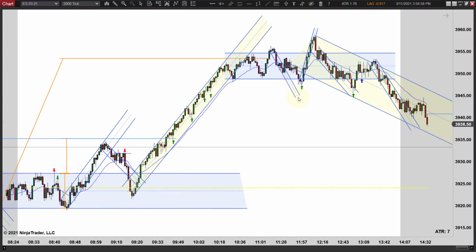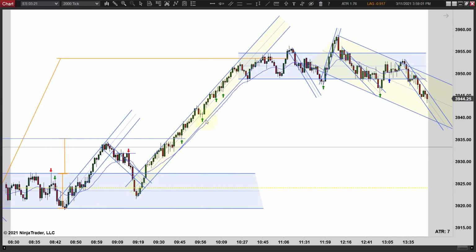And if you notice this, let me back out a little bit. It's probably a spiking channel up, but I played it as off this trend line right here and off those first few bars, and it spiked up and it stayed in this upper half the whole time.